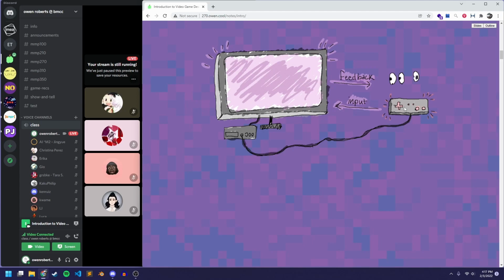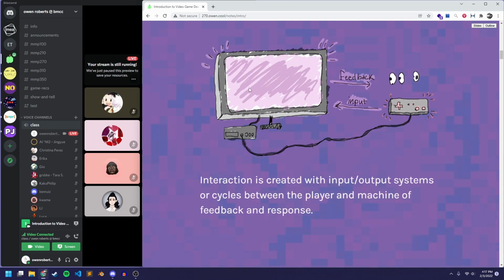We input information into the system using our controller, and that changes states in the game, which changes what is represented on the screen. Then we see that, or we hear it, or in some cases we might feel it if there's haptic feedback. And that causes us to make changes to our input. So it's this constant feedback loop between the user and the system.